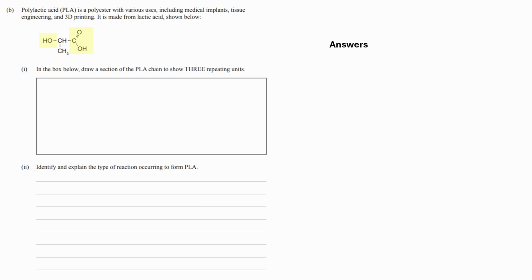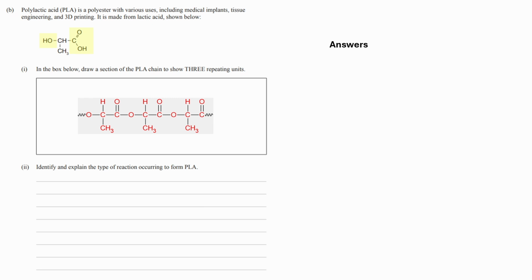In this case, we're going to produce polyester. So I'm going to take this. And what the concentrated sulfuric acid does is it removes an OH from here, and a hydrogen from here, or is it the other way around? But we remove a water completely, an H from one side, an OH from the other, and we join it together where we broke it.